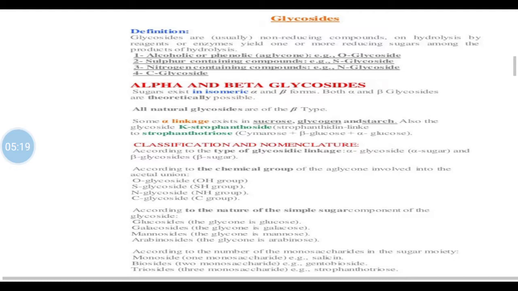Now, classification of glycosides. One classification is based on the glycosidic linkage. So first we will see the classification according to glycosidic linkage.